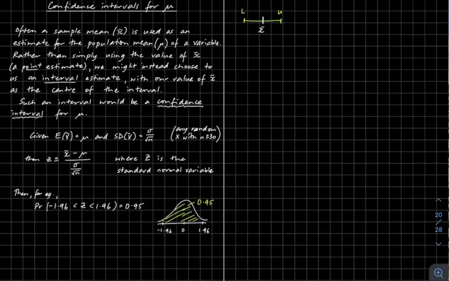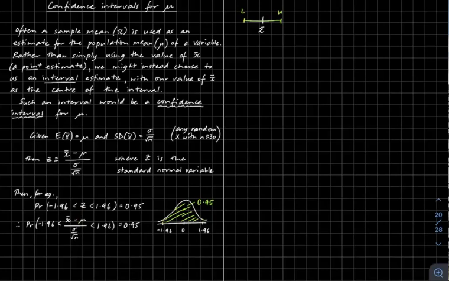Here it is graphically. There's our distribution of z with 0 as the mean. We know that 95% of the data lies between negative 1.96 and positive 1.96. So, substituting in our value for z in terms of x bar, mu and sigma, we're just substituting that in there for z.